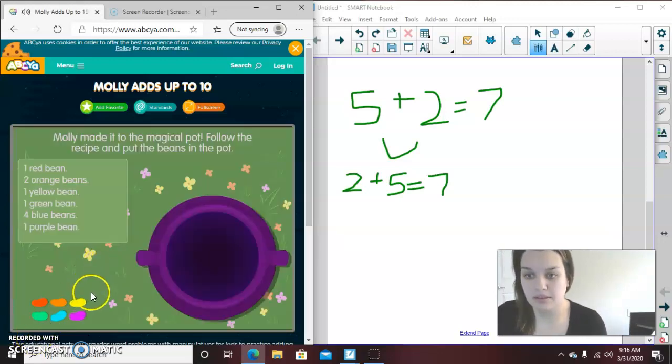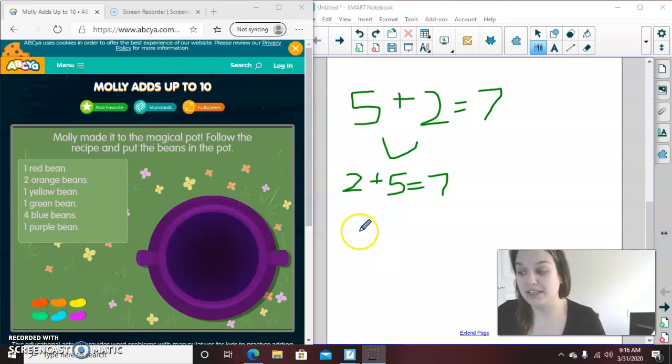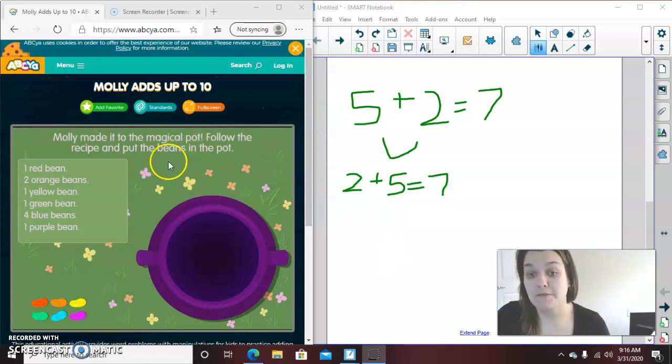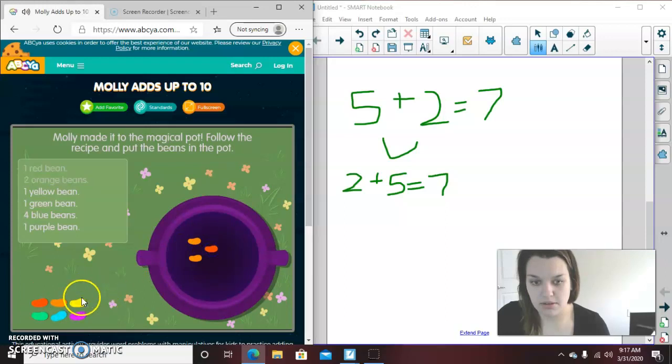Molly made it to the magical pot. Okay, so we made it to the end. This is just a really fun part of it, so we're gonna do it together. It says Molly made it to the magical pot. Follow the recipe and put the beans in the pot. So we need one red bean, two orange beans, one yellow bean, one green bean.